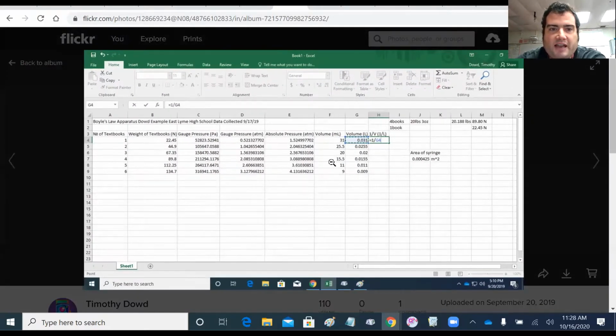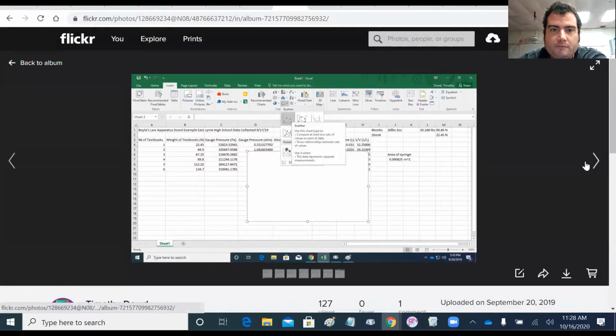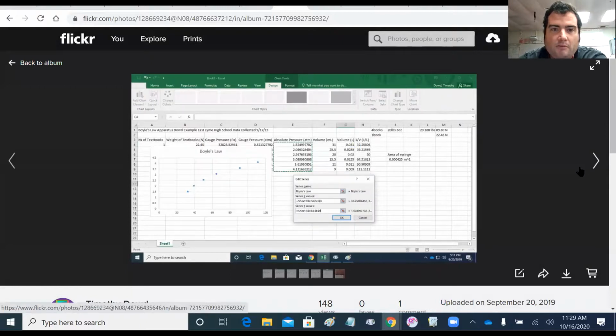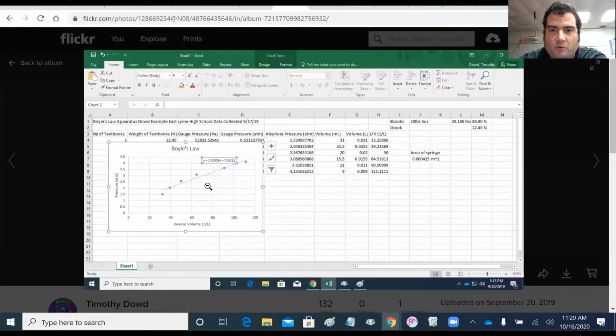So if I were to now graph pressure versus volume, column E versus column G, I should get a hyperbola. And since we've shown that this is an inverse relationship, I then inverted all my volumes. And that's what I'm ultimately going to graph. So this kind of goes through how to do this with Excel, which is a little different than Google Sheets. That's the equation I ended up with.